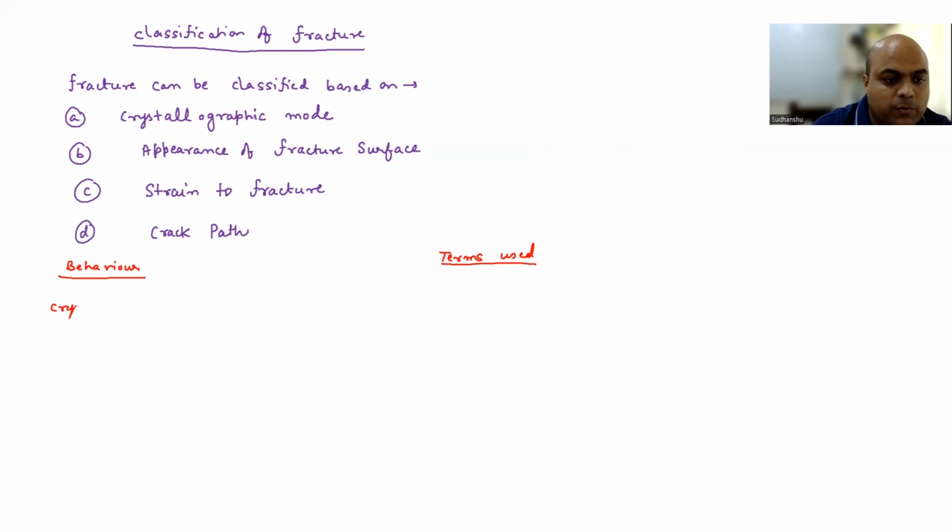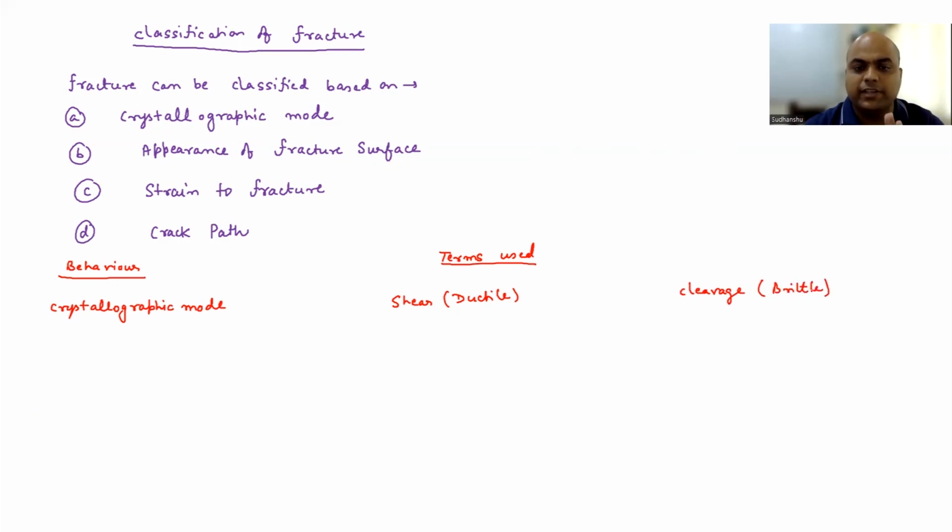So crystallographic mode: shear, and then we know if it is shear, it is ductile behavior. Okay. And if it is cleavage, then it is brittle. We just saw this, right? So if you have a shear, then it is ductile type. If it is cleavage, then it is brittle type. So that is what I mean by crystallographic mode.